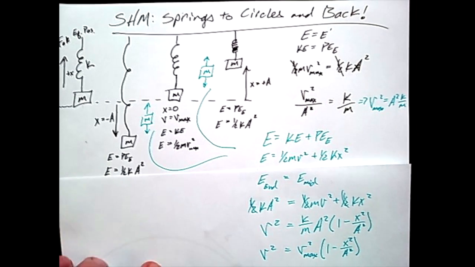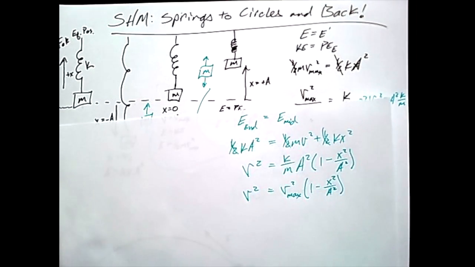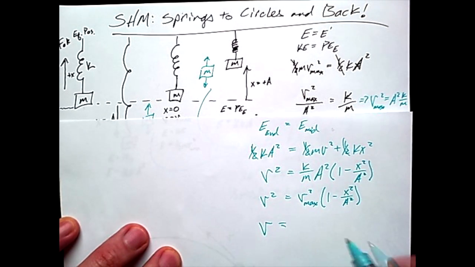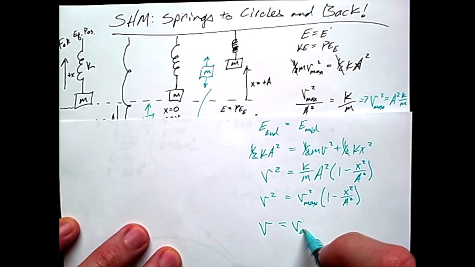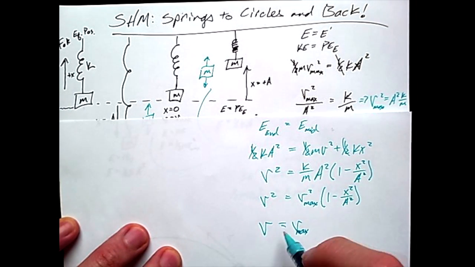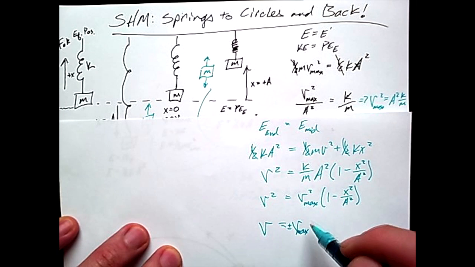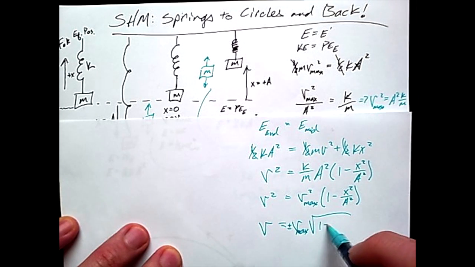This is useful because this means that we can put the motion of the harmonic oscillator, v, in terms of the maximum velocity, Vmax, that the system exerts at any point. So we can say plus or minus Vmax times the square root of 1 minus x squared over a squared.